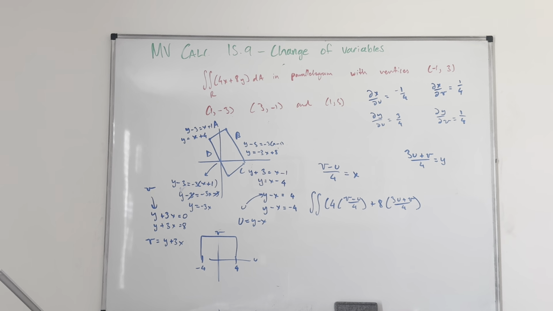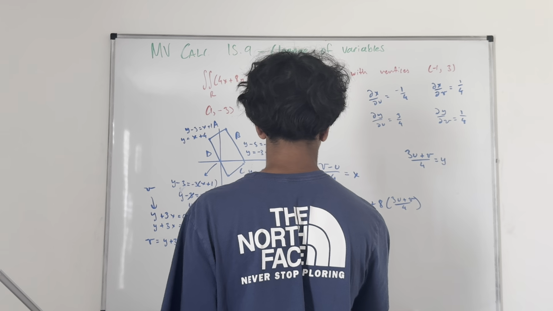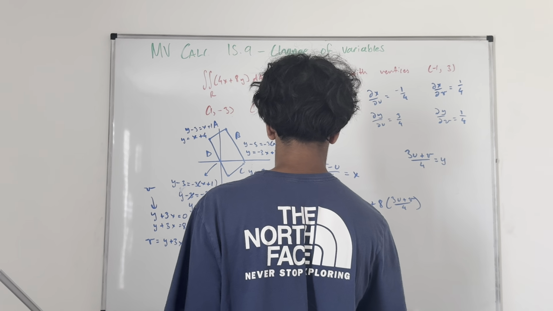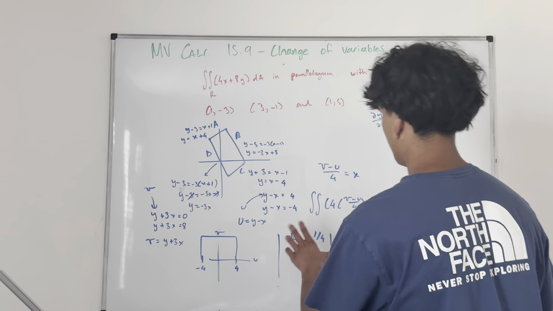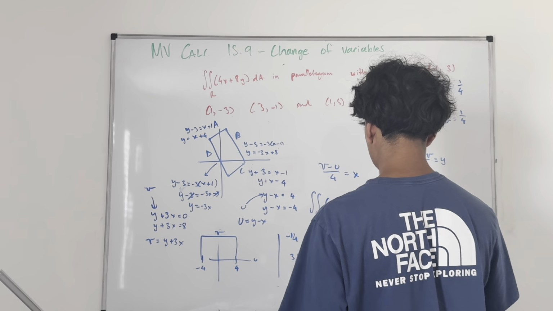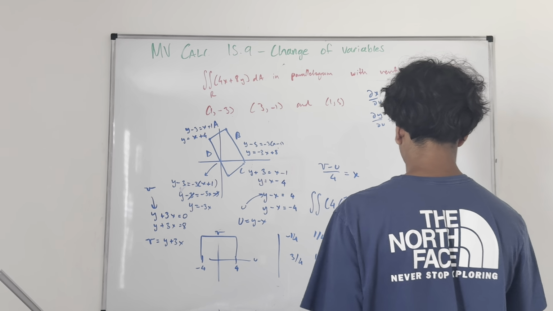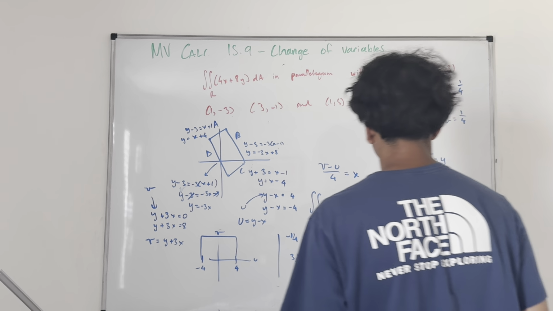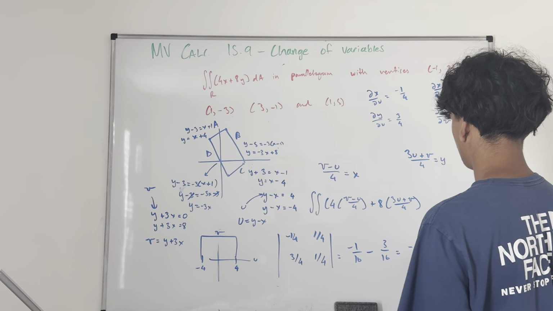Now I can find the Jacobian by taking the determinant, right? So if I take the determinant of negative 1/4, 1/4, 3/4, 1/4, I get negative 1/16 minus 3/16, which is really just equal to negative 1/4, right?